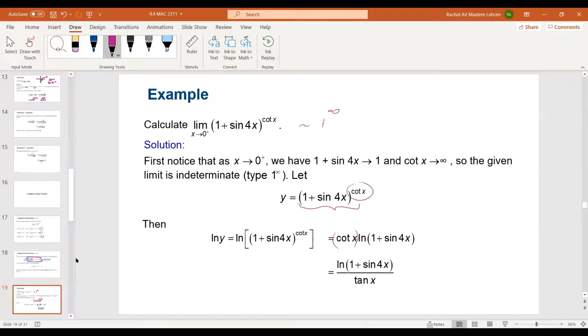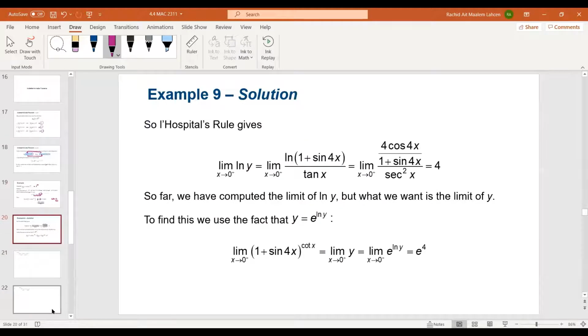And cotangent is the same as 1 over tangent, that reciprocal identity. So what we have now is ln of 1 plus sine 4x divided by tangent of x, which allows us to use L'Hopital's rule.